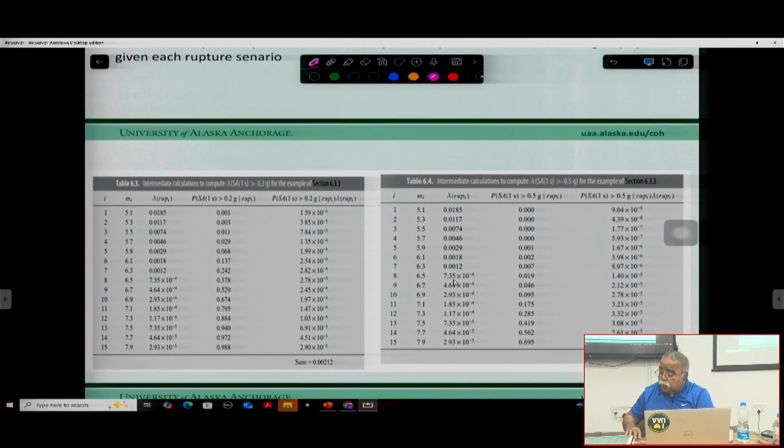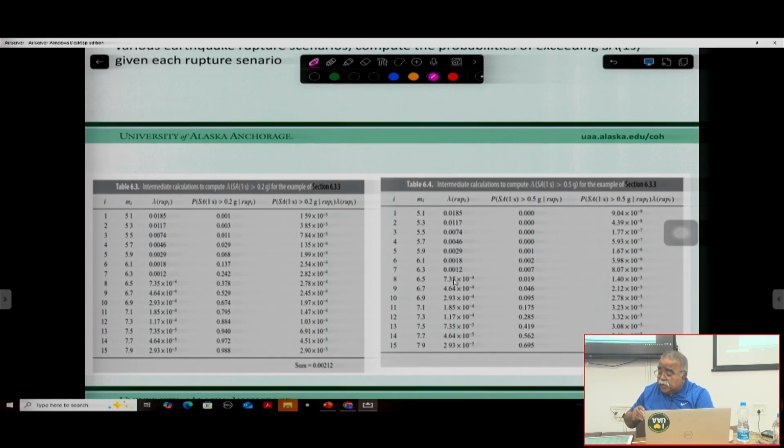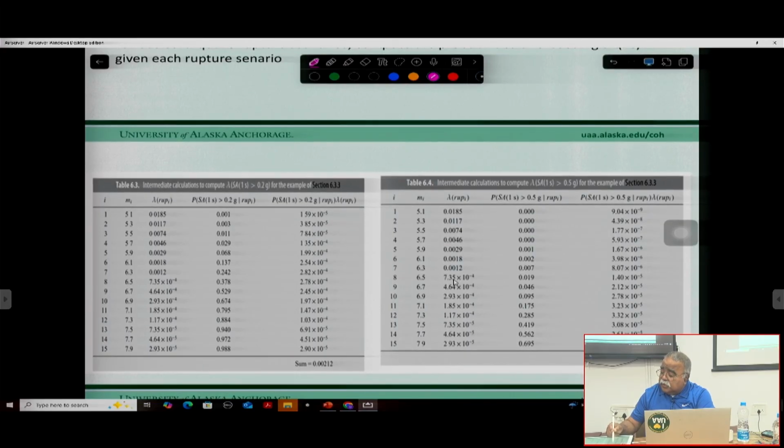So suppose we know that one rupture value; from this one, you can go on calculating the 0.2 G at a different magnitude, what it will be.